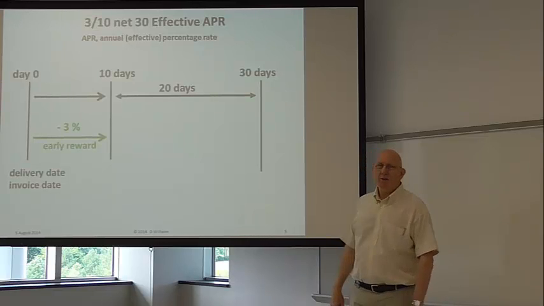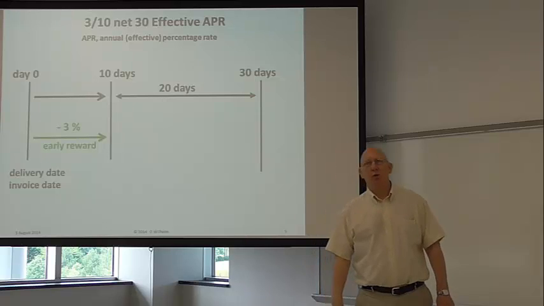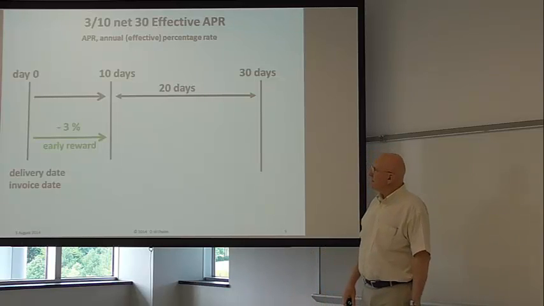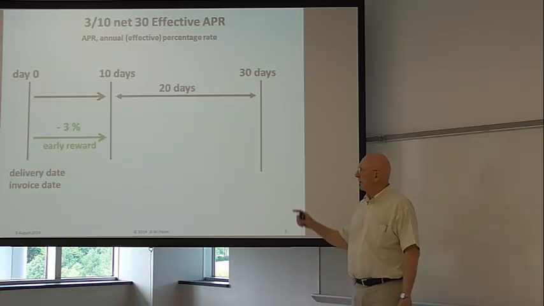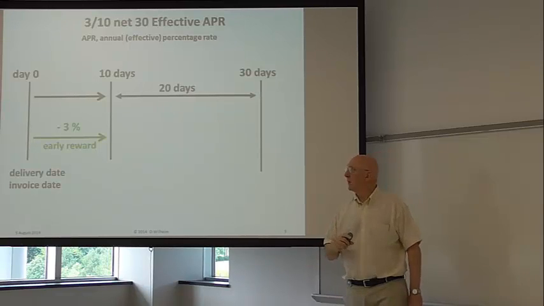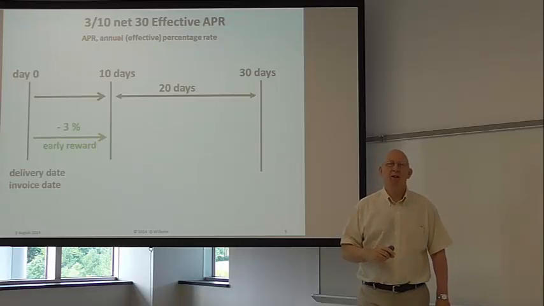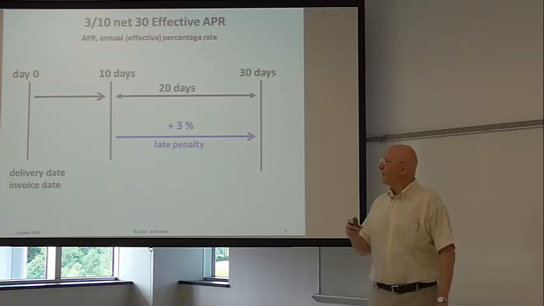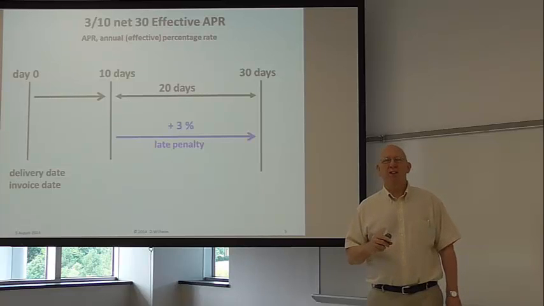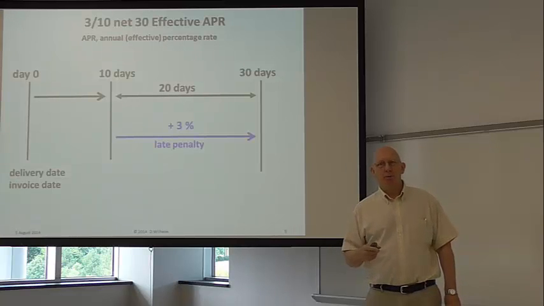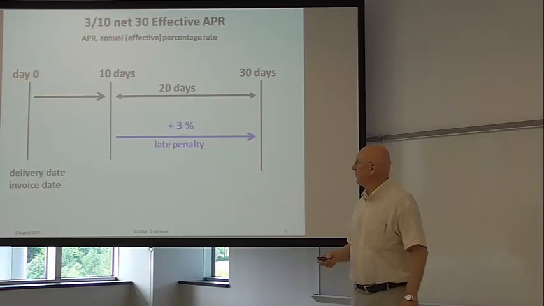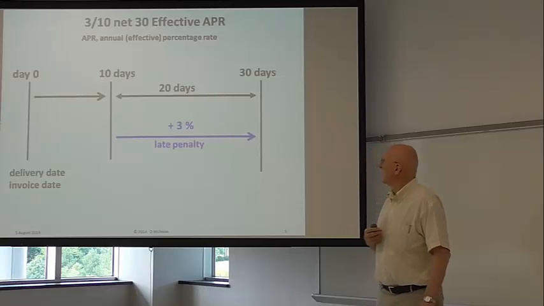So what is the annual percentage rate of this? How do we determine that? I think the easiest way is don't think of it as a 3% reward by paying early. Think of it as a 3% penalty for paying late. And then it kind of makes sense, at least to me.